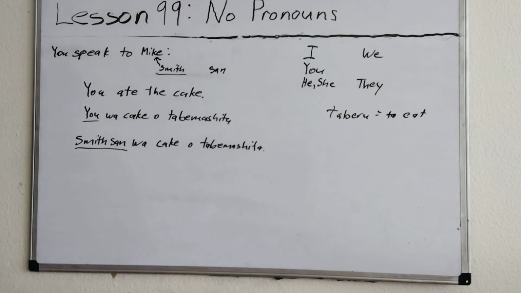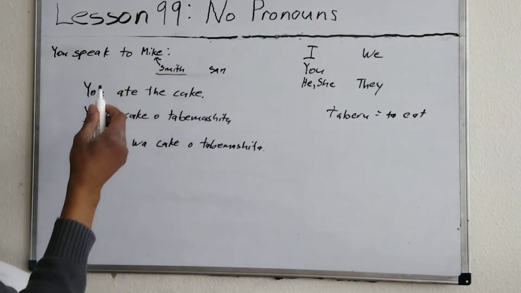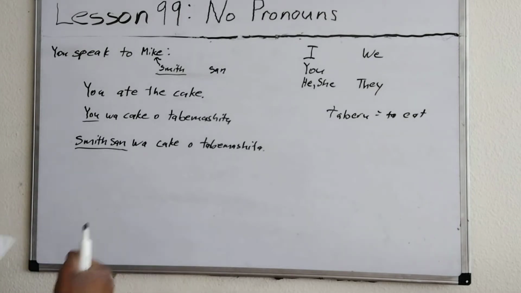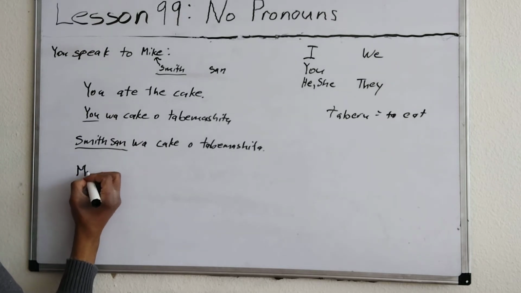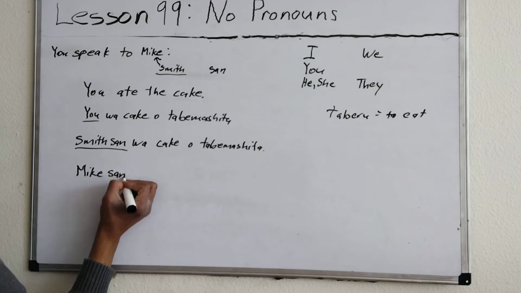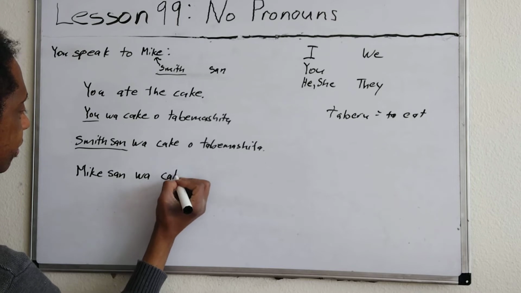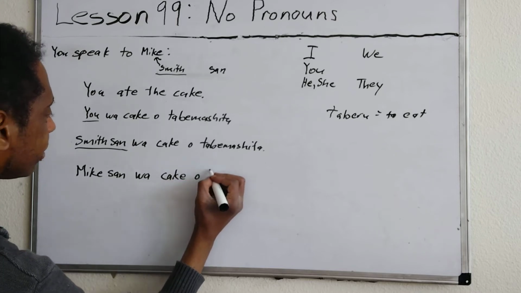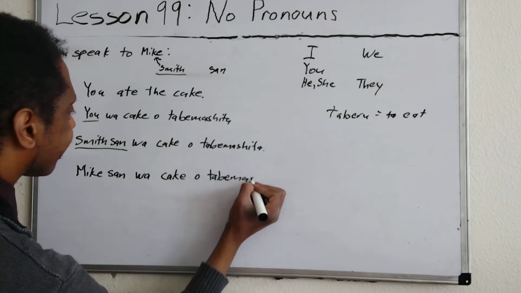Also, if you're in a very friendly relationship, you're good friends and everything, buds, you could use his first name. Mike, you would still put san on there, and then say wa cake o tabemashita.